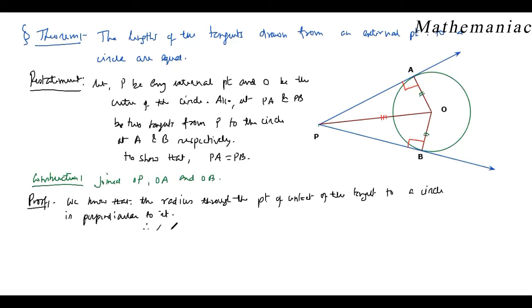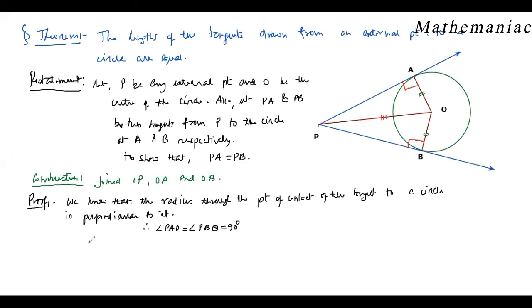Therefore, you talk about directly angle PAO is equal to angle PBO is equal to 90 degrees, right? So once you write this, now you can talk about the congruency.